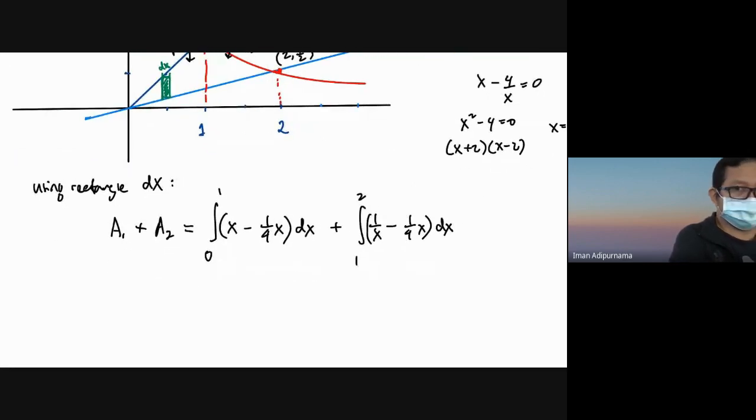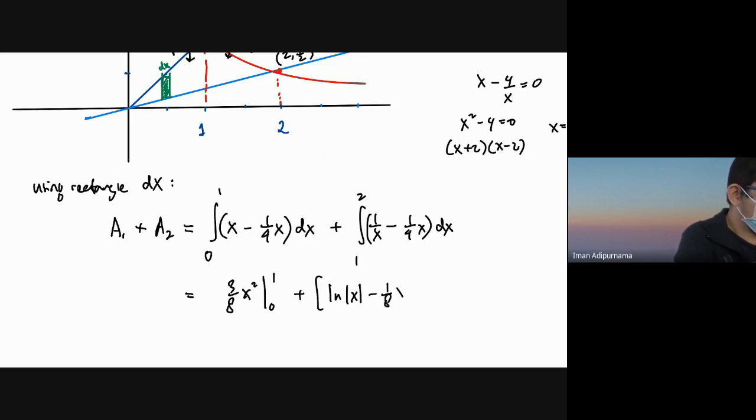This will result in 3 over 8 x squared from 0 to 1, plus ln x minus 1 over 8 x squared from 1 to 2.